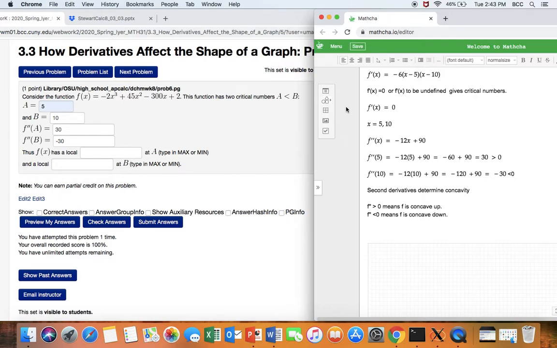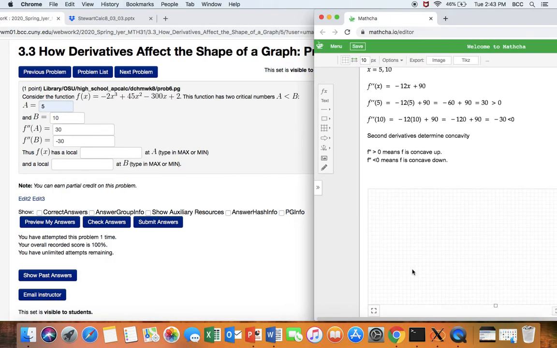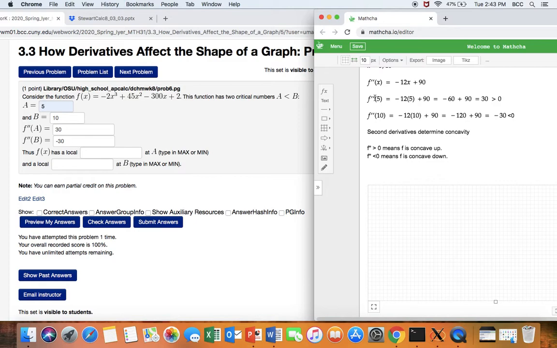So let's draw our picture. Some idea. You have 5 and 10. So draw some line. You see, I don't care for the value. I just want to know whether it's a local max or minimum.